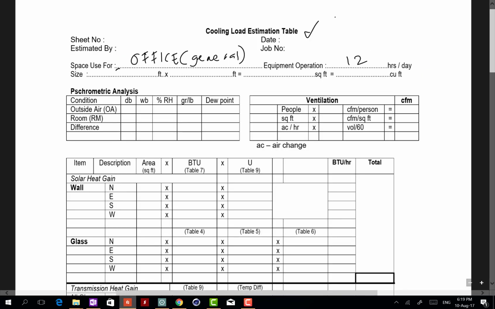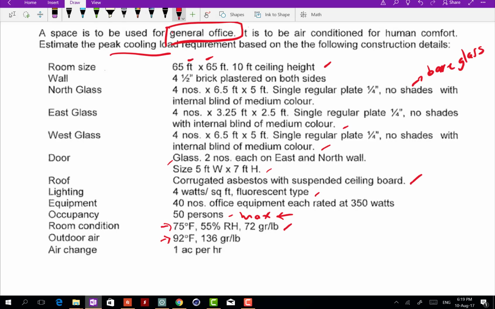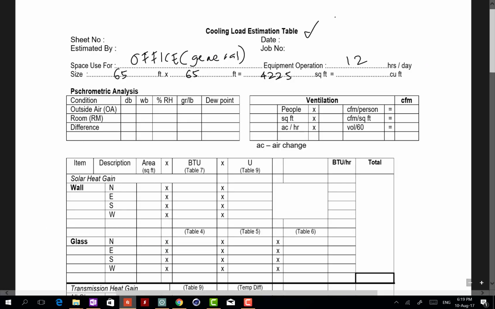So 65 multiplied with 65 equals 4,225 square feet. And then the height of the building is 10 feet, so we multiply again with 10, it becomes 4,250 cubic feet. That is the volume of the air inside the building.